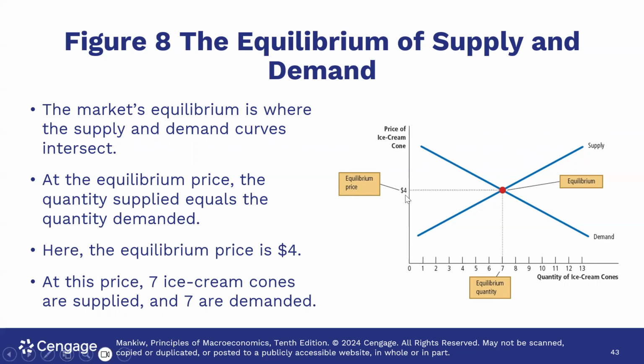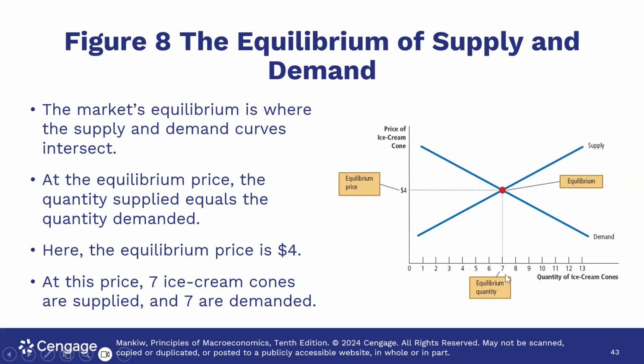So here the equilibrium price is $4. So based on the previous information, for the demand curve, the quantity demanded at $4 is 7. And then for the supply curve, when the price is 4, the quantity supplied is also 7. So they are exactly the same.